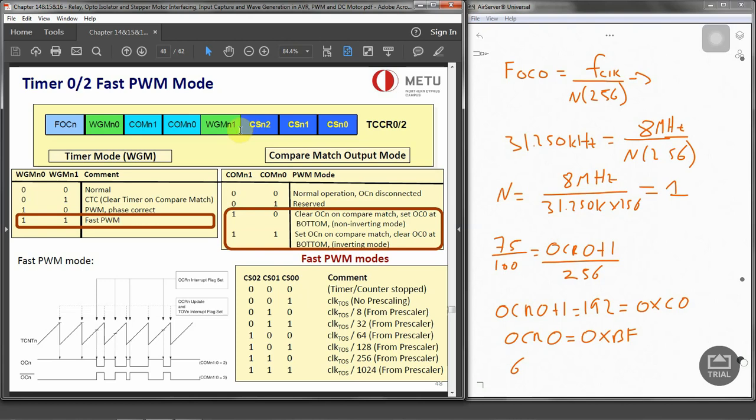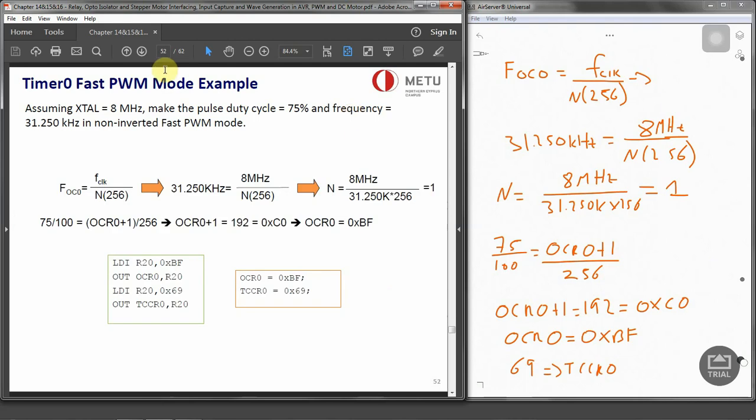And we have the prescaler, which has to be 001, because there is no prescaling, and that will be 1001, which is 9. So that means we have to use 69 for the configuration of the TCCR0 register. And if you look at the solution, OCR0 is going to be loaded with BF, and TCCR0 will be loaded with 69. So we can easily get that calculation done.